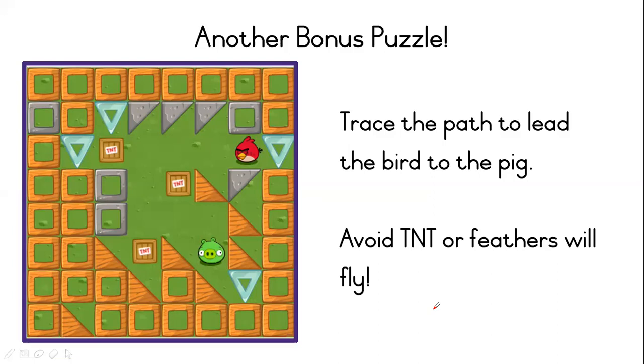If we do that, we know we are going to move 3 blocks here, 2 blocks down, 2 blocks east, and 1 block south. Now we have to avoid the TNT or feathers will fly. If we run into this, our bird is going to blow up.